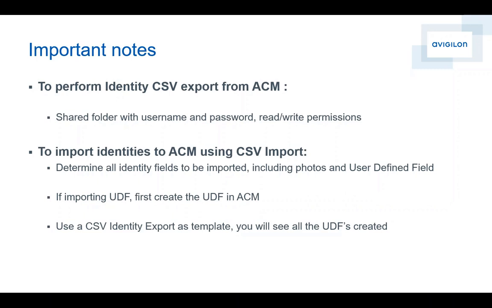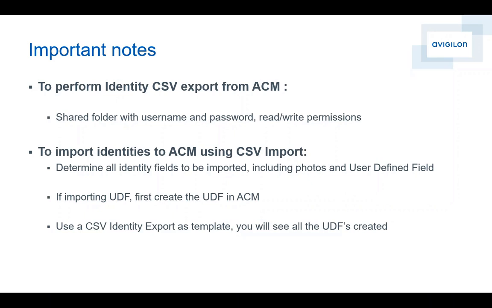To import identities using ACM CSV Import, first of all, determine all the fields that you want to import, and that could include photos and user-defined fields along with all the other fields present in ACM. If you're trying to import user-defined fields, make sure you first create them in ACM, and then you can use a CSV identity export as a template.